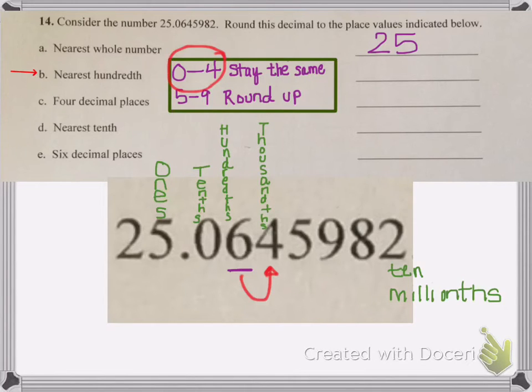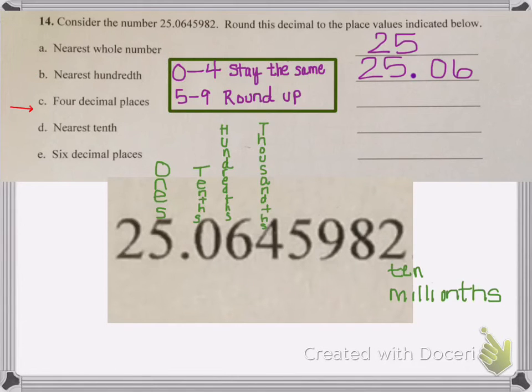So that means to the nearest hundredths place, this would be 25 and 6 hundredths, or 25.06.